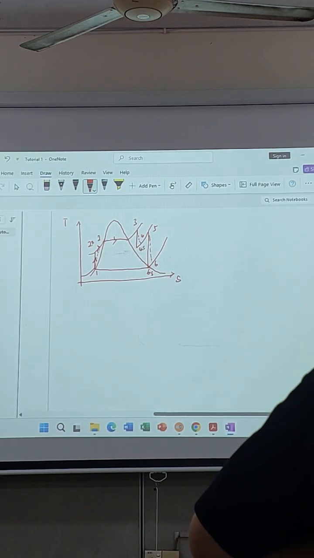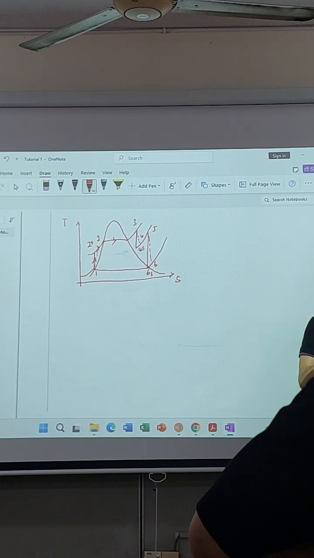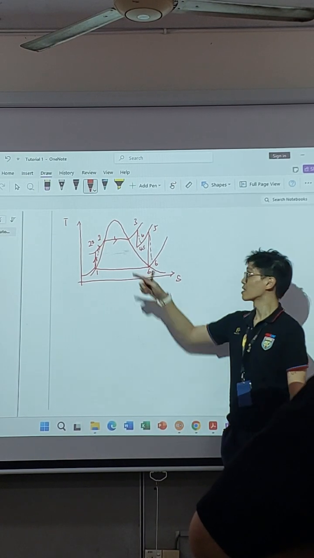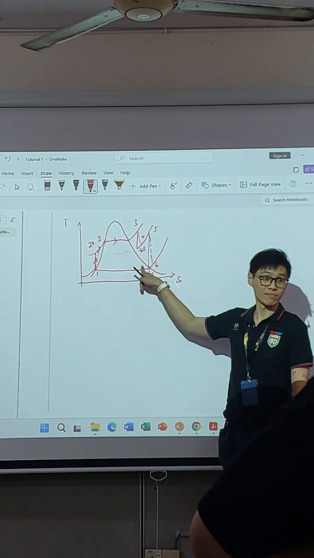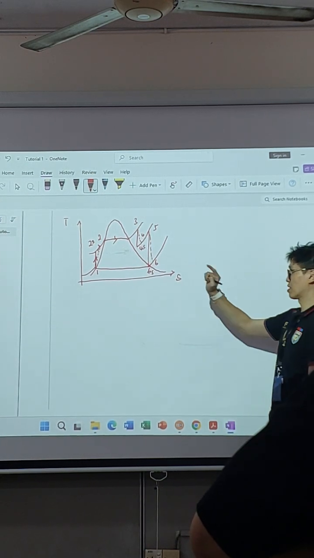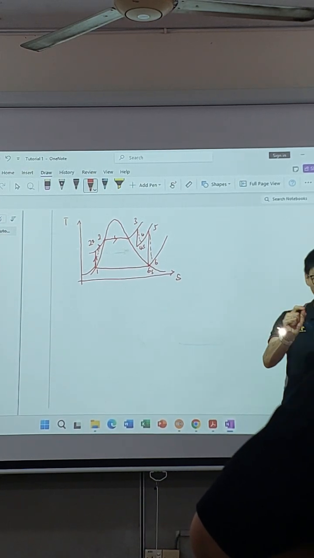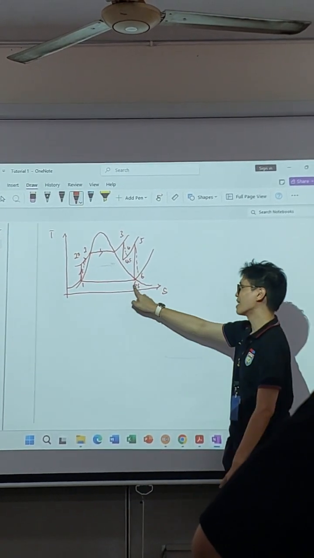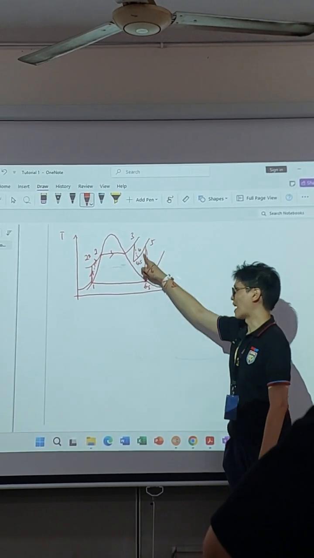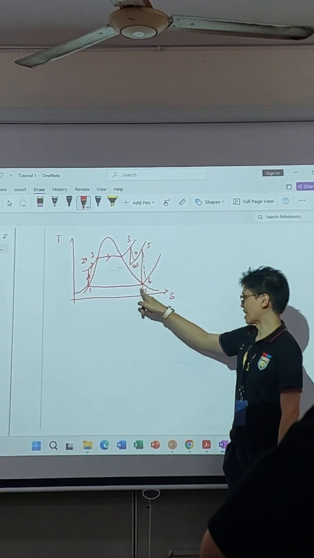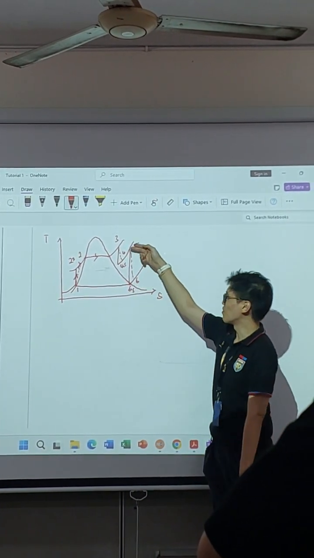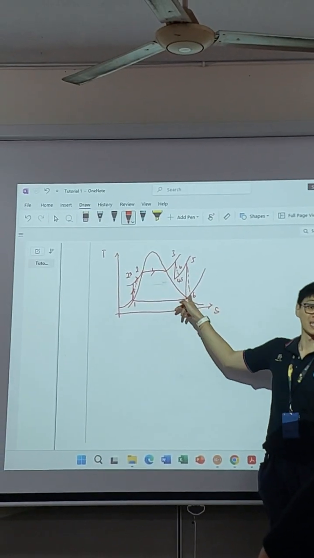Now, one thing you need to be a bit careful about is, as we just mentioned, the first question asks us to look for a state at this point. You can also have a case where the isentropic version is a mixture, but the actual one is a superheated state.